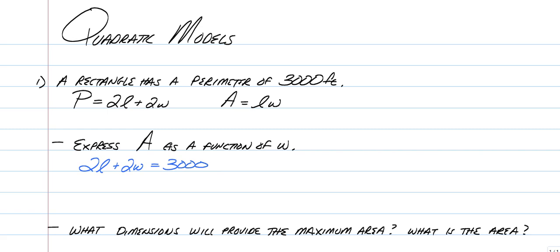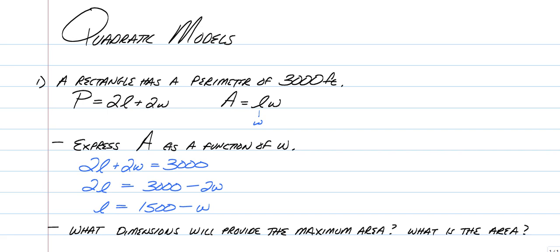Since we want our area formula to only have a W, we need to somehow turn L into a W. To do that, all you have to do is solve for L. First, subtract 2W from both sides, so you have 2L equals 3,000 minus 2W. Divide everything by 2, and you now know that L is equal to 1,500 minus W.